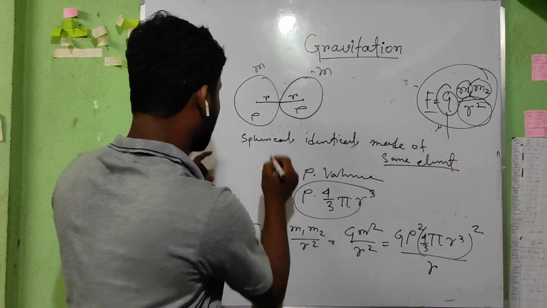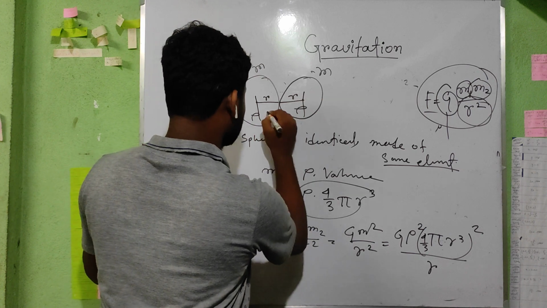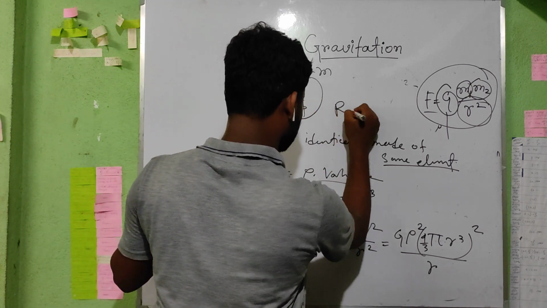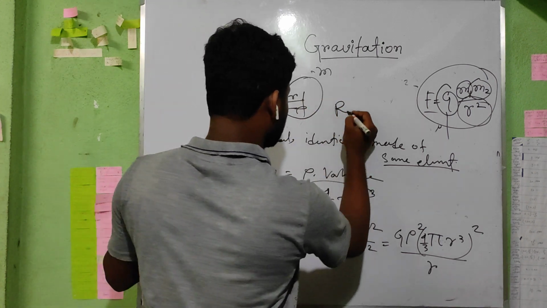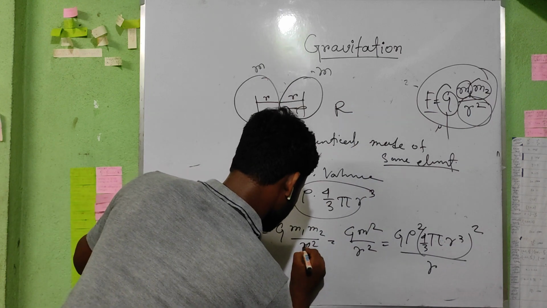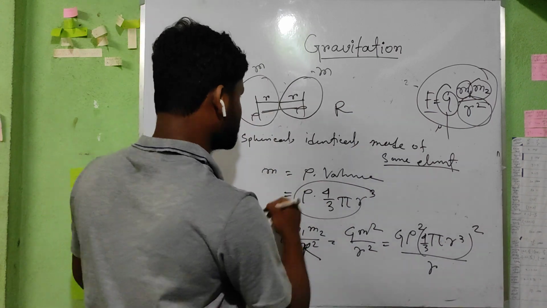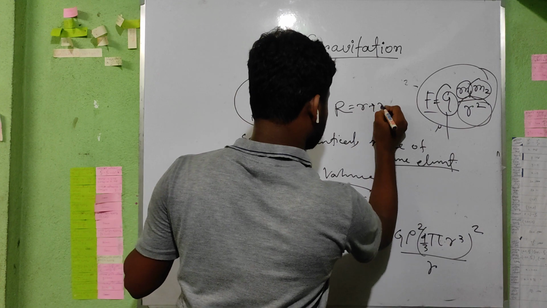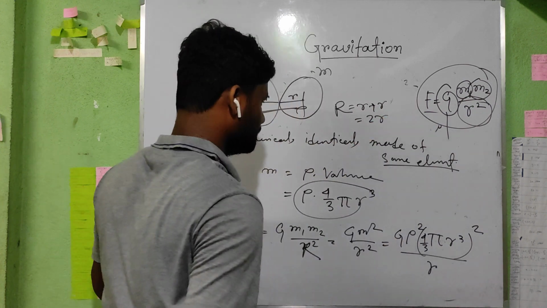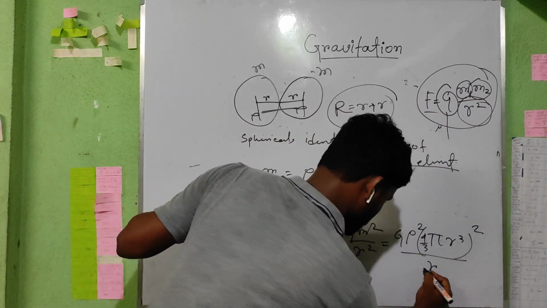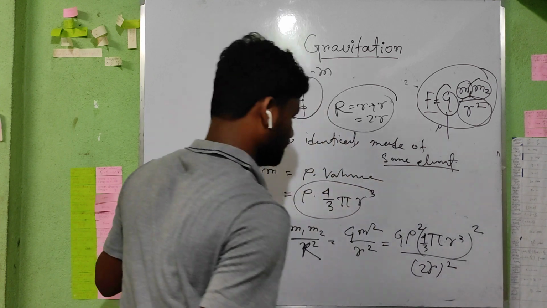Now we have to find this distance. What is this distance? I can call it capital R. So if this is capital R, then this is R plus R equal to 2R. So 2R square.